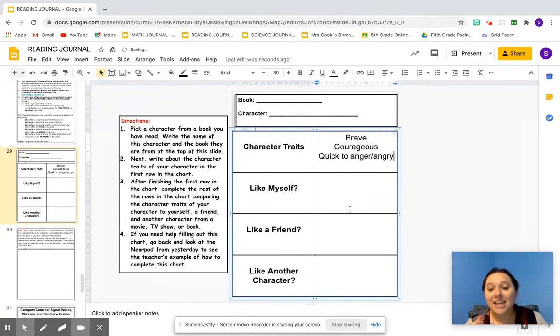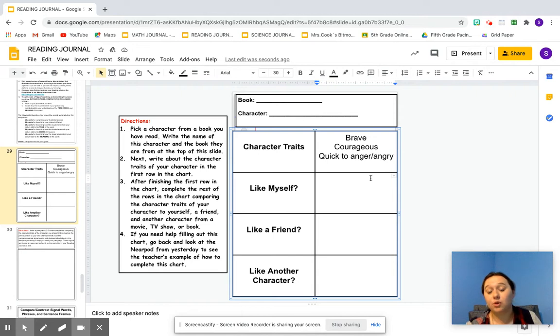All right, so now that I've identified some of the character traits of Samuel, now I can compare those character traits to 3 other people's character traits. So if you can see on our chart here, it says like myself, like a friend, and like another character. So for the rest of these columns in our chart here, you're going to compare whoever character you chose.